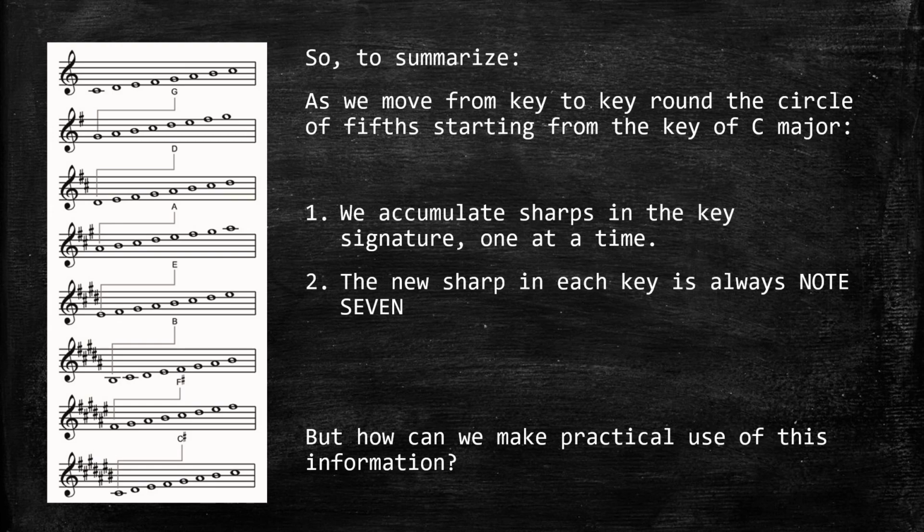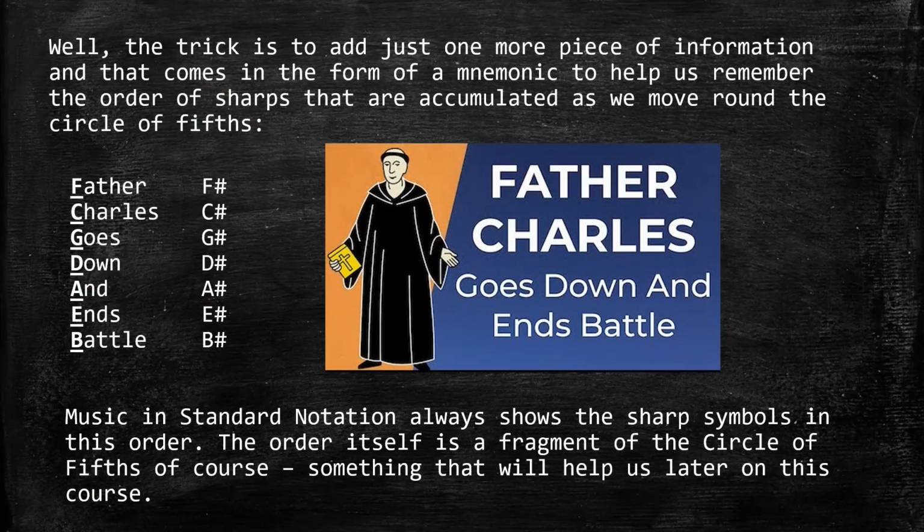But how can we make practical use of this information? Well, the trick is to add just one more piece of information. And that comes in the form of a mnemonic to help us remember the order of sharps that are accumulated as we move round the circle of fifths. Father Charles goes down and ends battle.